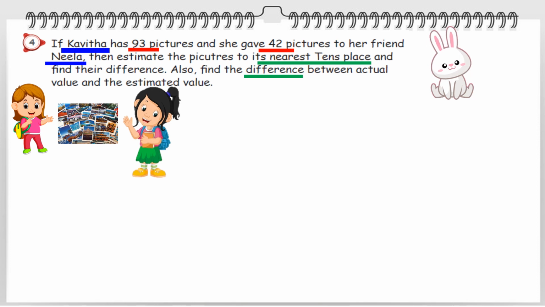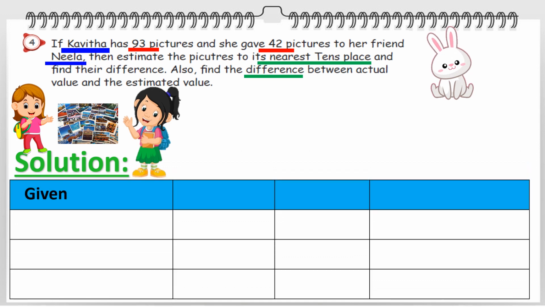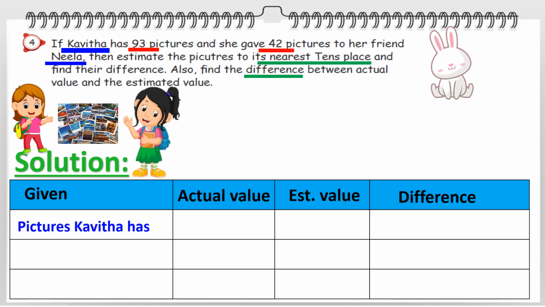Just to see here, let us see the solution. Take as usual one tabular column and enter given, then actual value. After this, estimated value. Last column is difference. Okay, what are all the given? So Kavita has 93 pictures, right? So pictures Kavita has, like this you have to write.